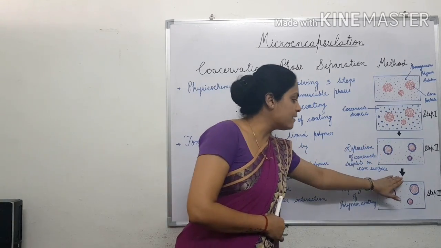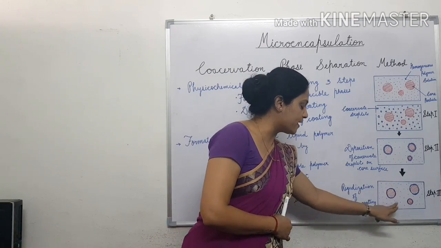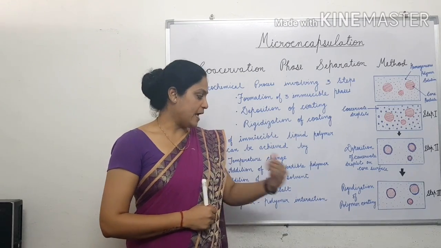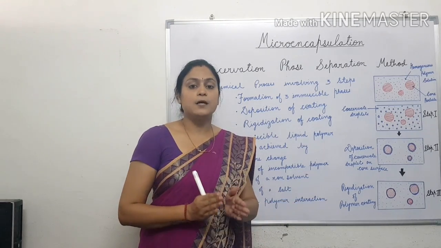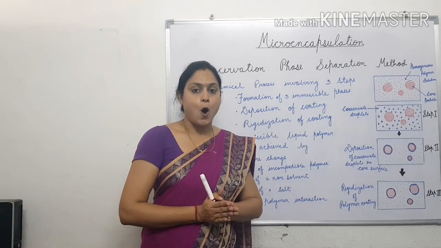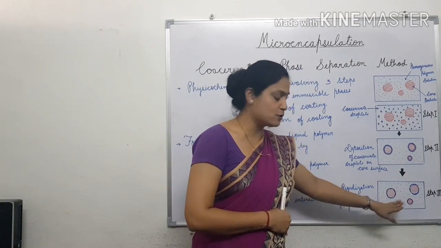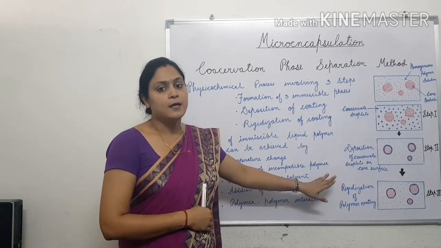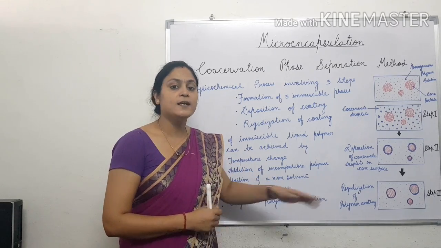Now the last step is the rigidization of this polymer coating, which can be done by the addition of some cross-linking agent, or by desolvation, by the evaporation of the solvent, or thermal rigidization can also be done.